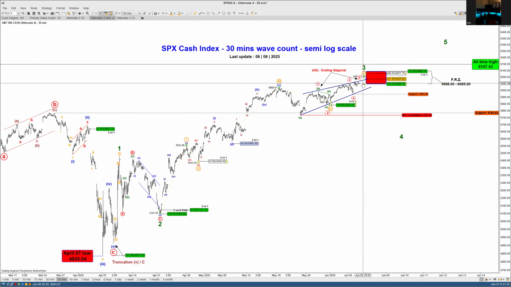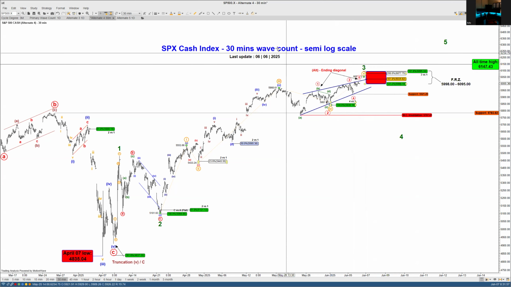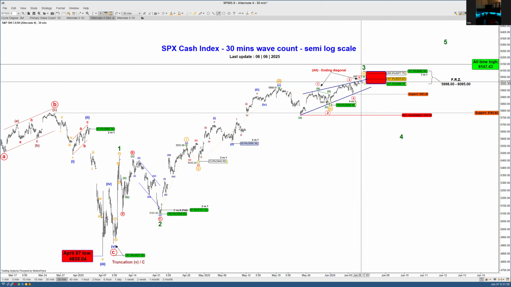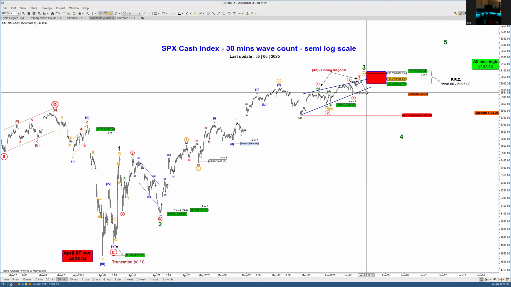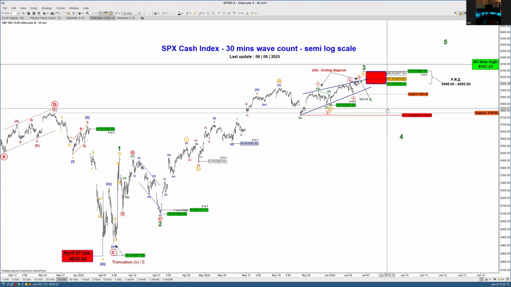Now, if this is a diagonal, your minimum downside target from here is going to be this prior fourth wave, which is 59.21. And then it's a matter of how we manage to put some sort of an ABC to the downside.